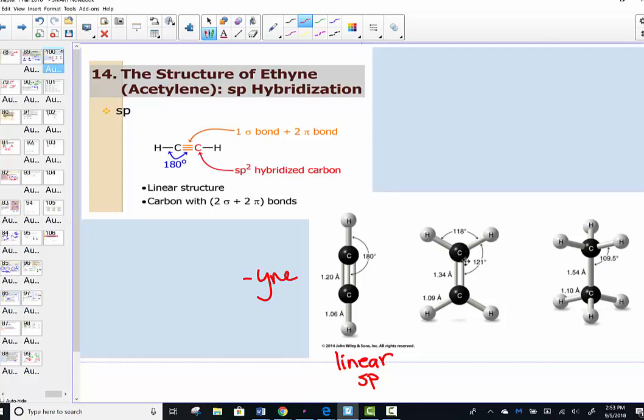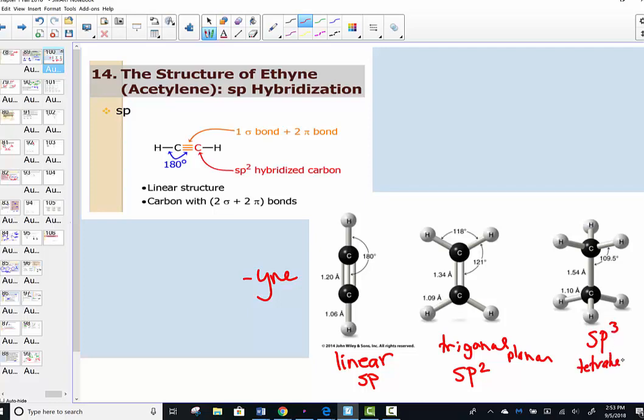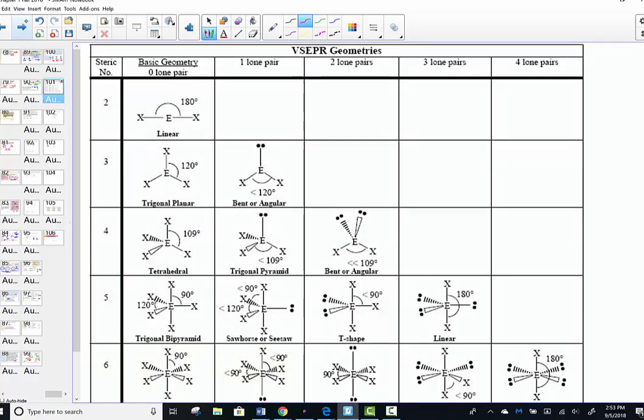If we have a double bond, we know that's sp2 hybridization, and we know that that's trigonal planar, 120 degrees. And here we have all four bonds, so that's sp3 hybridized, and that's tetrahedral with 109.5 degrees. That's truly the end of the lessons.